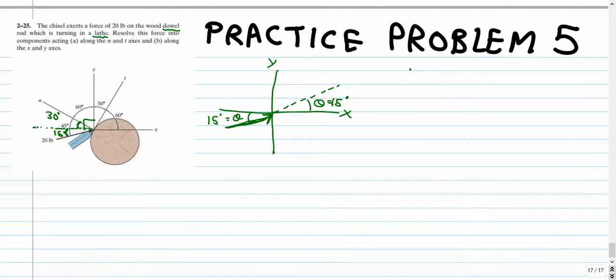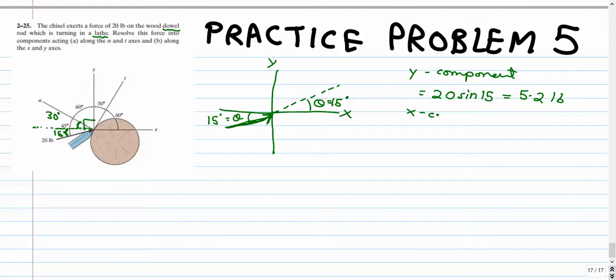So for the y component, we'll simply do 20-pound force multiplied by sine of 15 degrees, and 20 sine of 15 should give us 5.2 pounds.